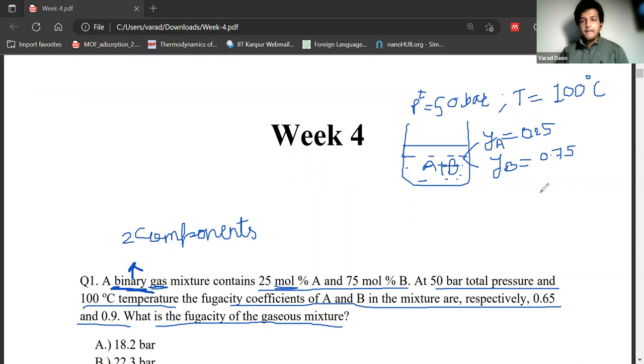We are also given the fugacity coefficients, phi A and phi B: 0.65 for A and 0.9 for B. Then we are asked for the total fugacity of the mixture. So this is the problem statement.